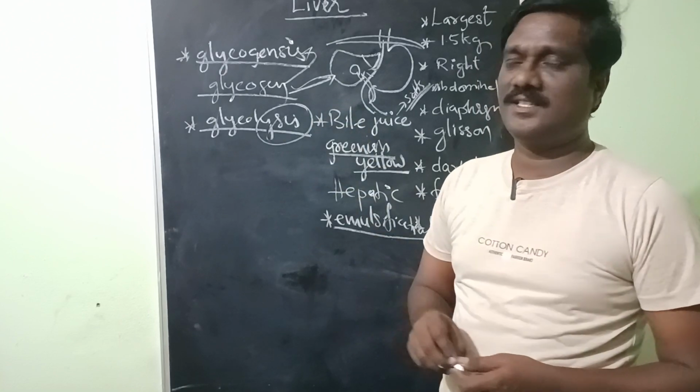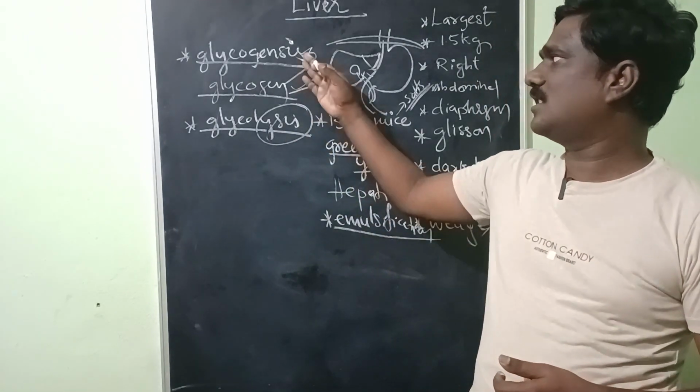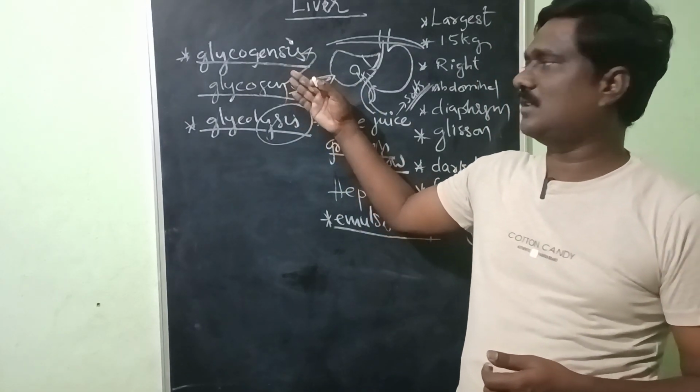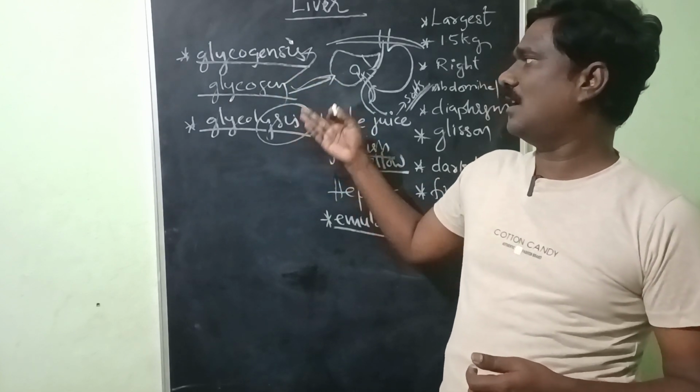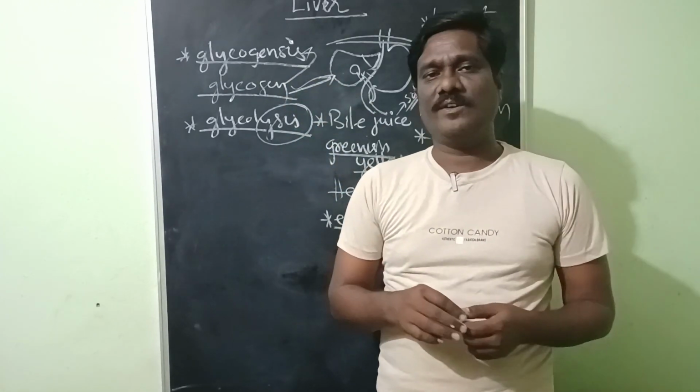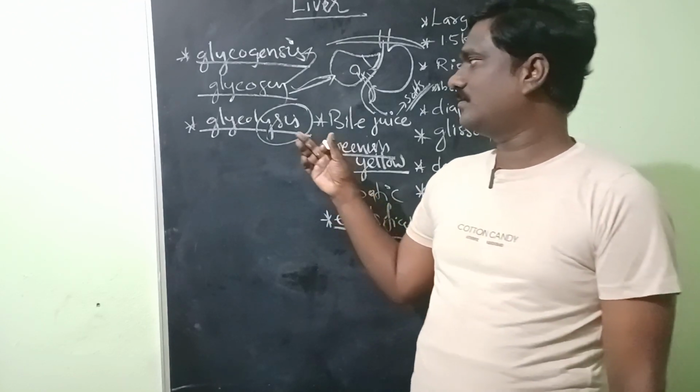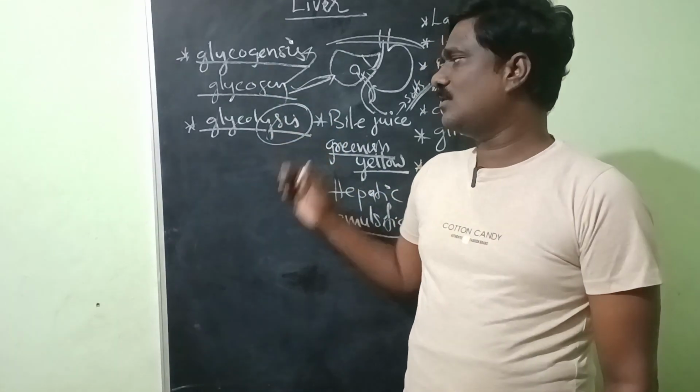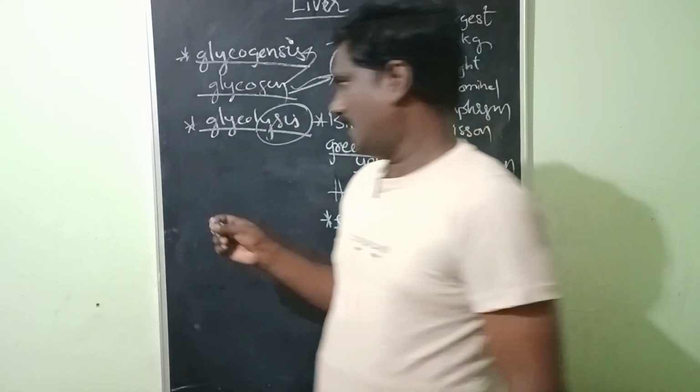Glycogenesis means converting sugars into glycogen. Glycolysis means whenever sugar levels are low in our blood, that glycogen converts into glucose. That is glycolysis.